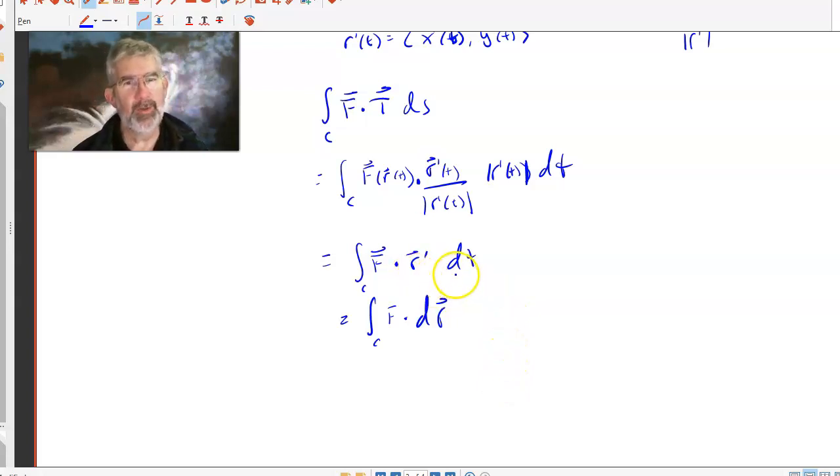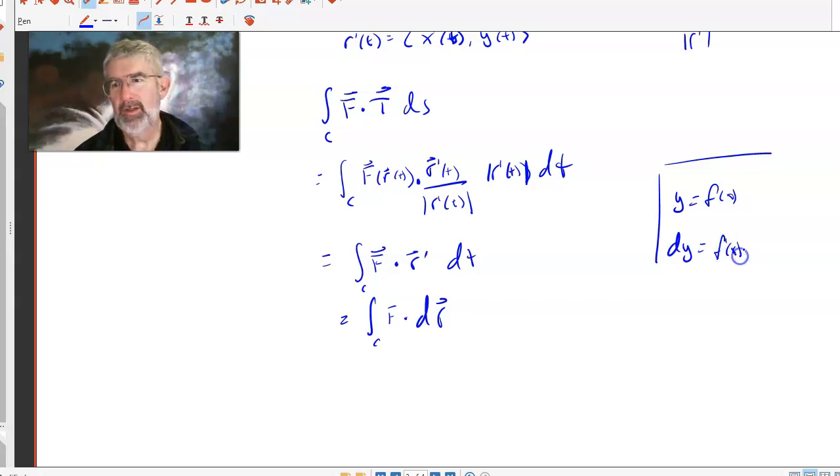This is not uncommon, right? Remember back all the way to Calc 1, if you have y as some function of x, then we would say dy is the derivative f prime times dx. Or this could be written as dy equals dy dx times dx.